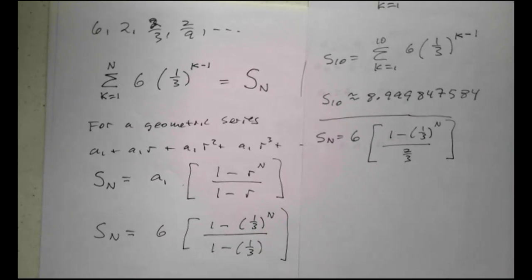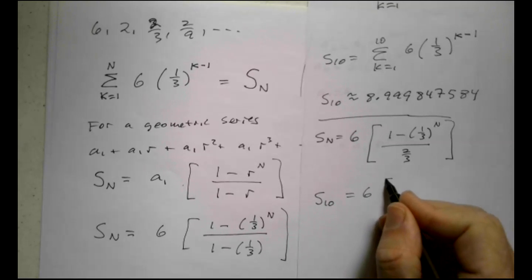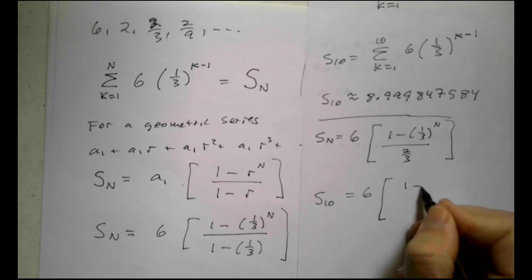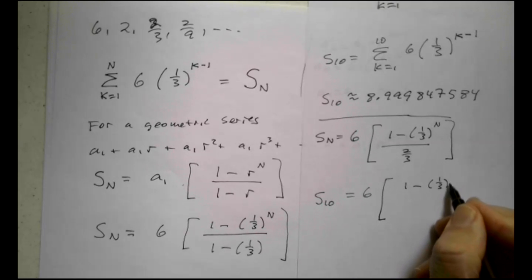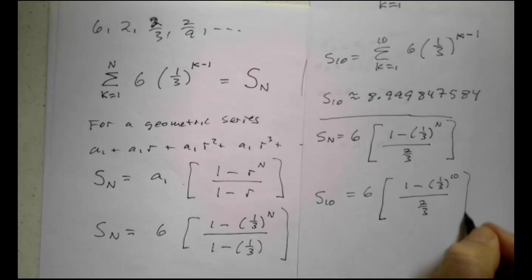But I want 10 numbers. So what is the sum of the first 10? That would be 6 times 1 minus 1/3 to the 10th over 2/3. This is going to be challenging to do on the graphing calculator, getting the syntax correct, but I will try.